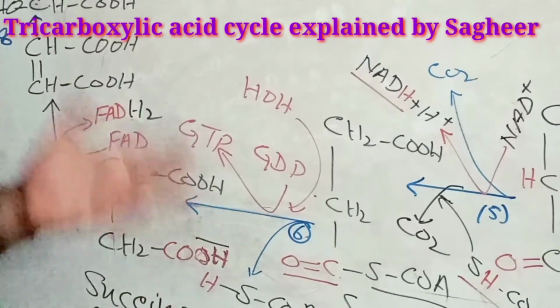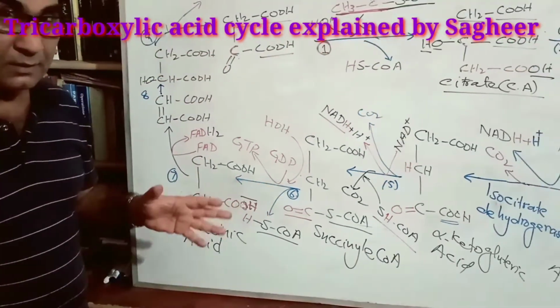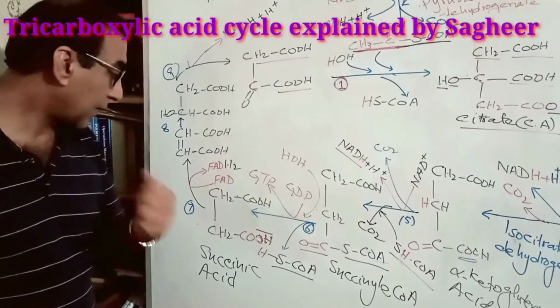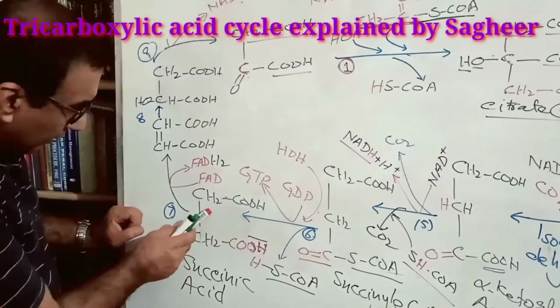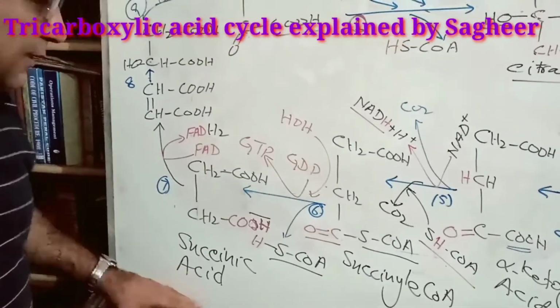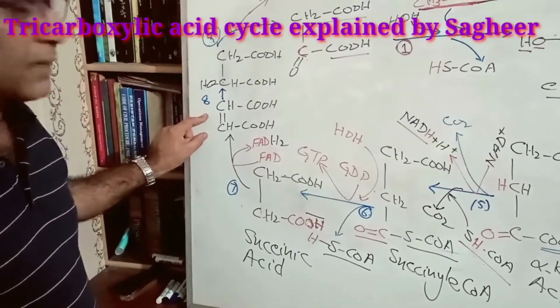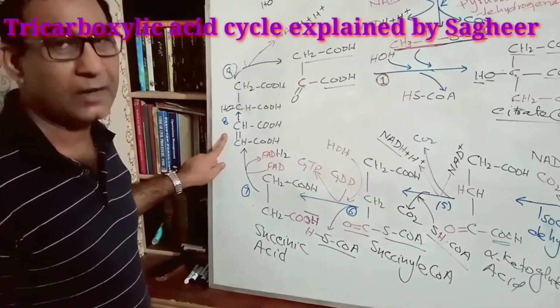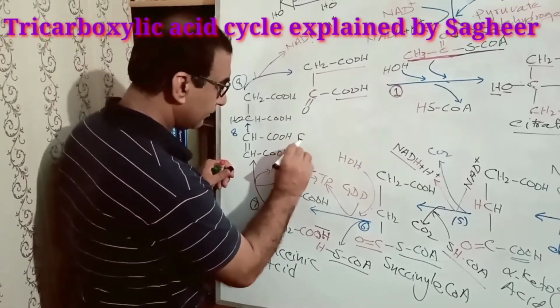You can search this channel. In this reaction, two hydrogen are removed, and succinate is converted into the next molecule, and that is fumarate, or fumaric acid.